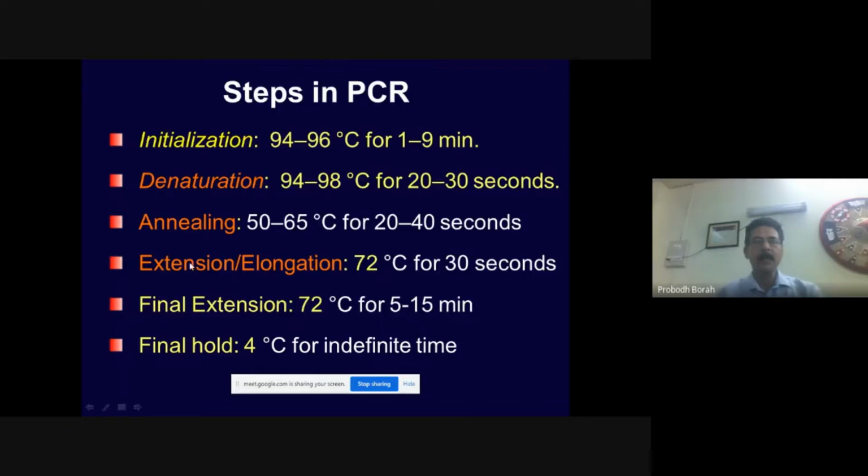But as I already said, the basic steps in PCR are three: denaturation, annealing, and extension. In the denaturation step, the DNA double helix gets denatured into single-stranded molecules. This is achieved by increasing the temperature beyond 94 degrees Celsius for a brief period of around 20 to 30 seconds.